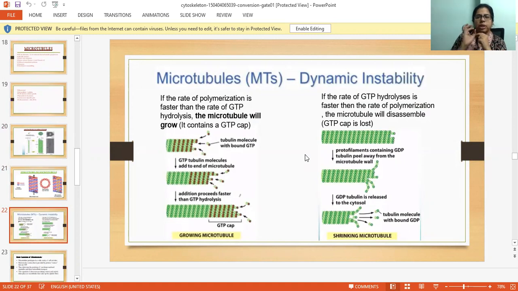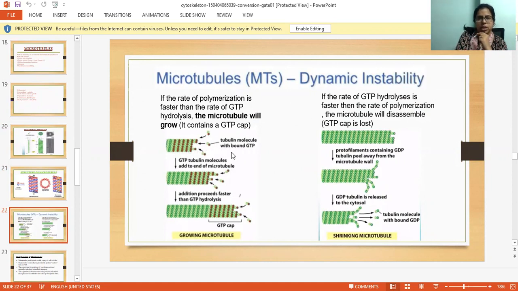Now come to the dynamic stability of the microtubule. If the rate of polymerization is faster than the rate of GTP hydrolysis, the microtubule will grow. It contains a GTP cap, meaning that for the formation of the microtubule there is a need for GTP.